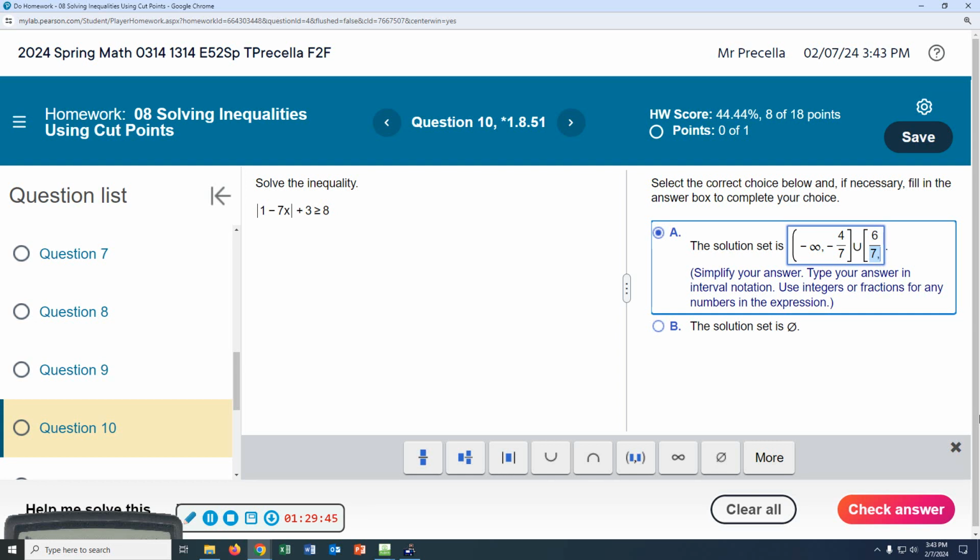If you put the parentheses down there in the denominator, it might count it wrong. The parentheses should really be between the 6/7 and the infinity.